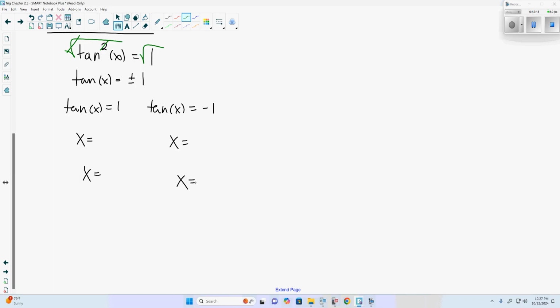Now, tangent is not necessarily or technically written on the unit circle, because the unit circle is only given to us in terms of sine and cosine. But tangent is sine over cosine. So whatever angle we plugged into sine over cosine should give us what? 1.